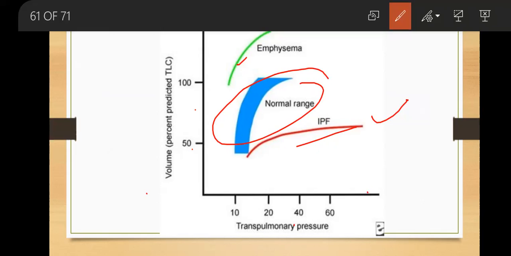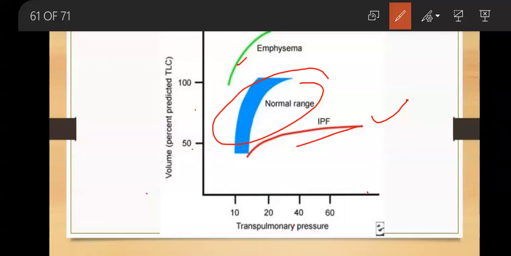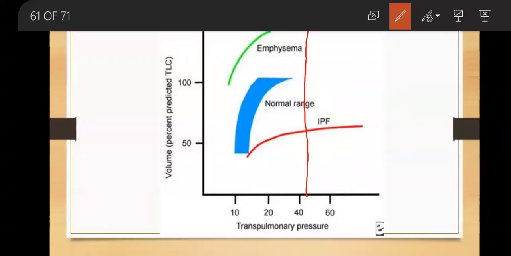If the lung is very compliant, the volume might reach 200 and the pressure is still only 40. While in the normal, the lung volume might reach 100 and the pressure is still 30. So above and to the left side of the curve, high compliance; below and to the right side of the curve, low compliance.